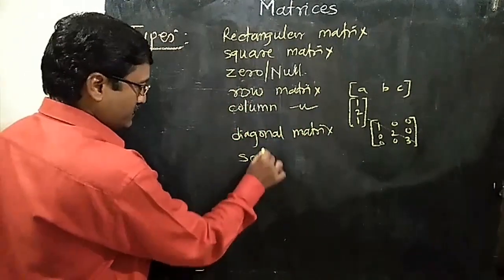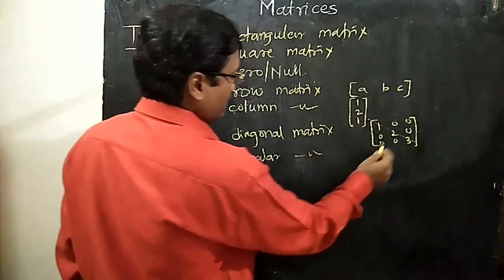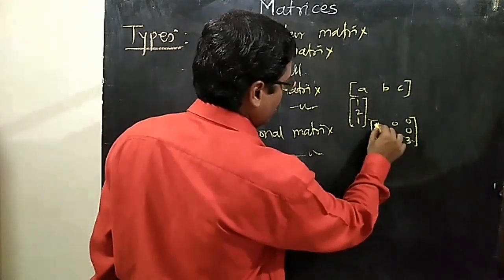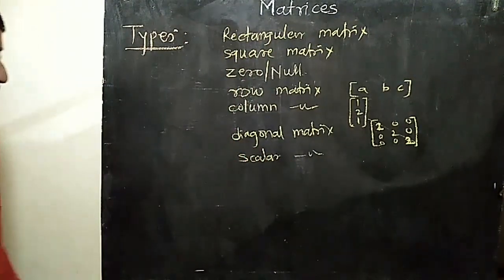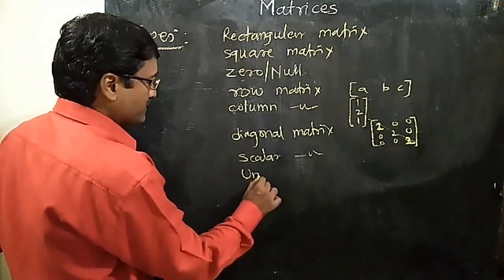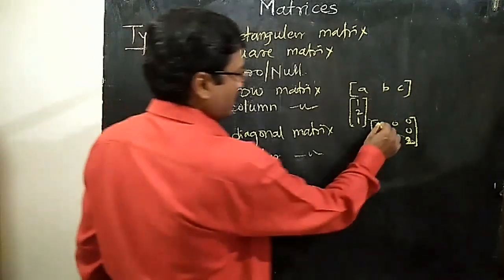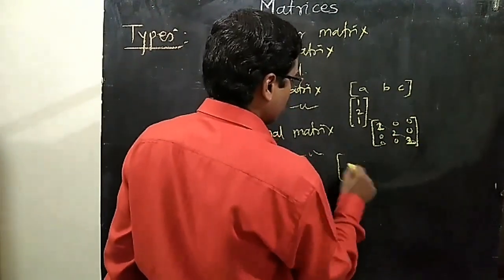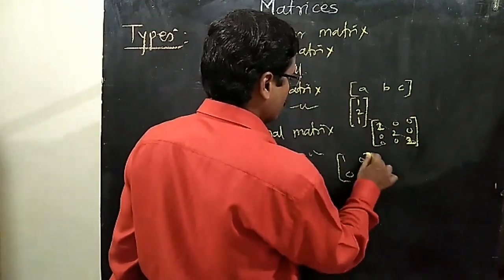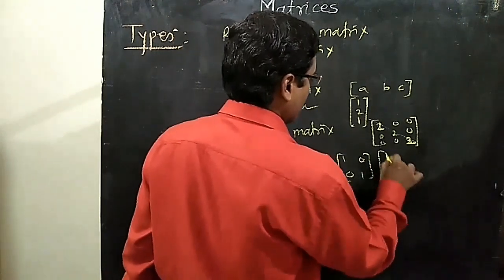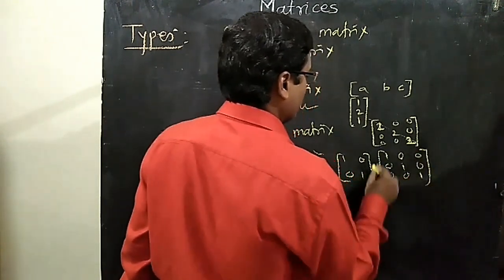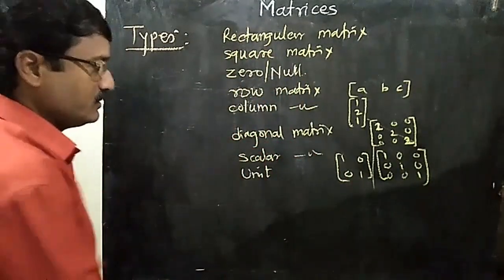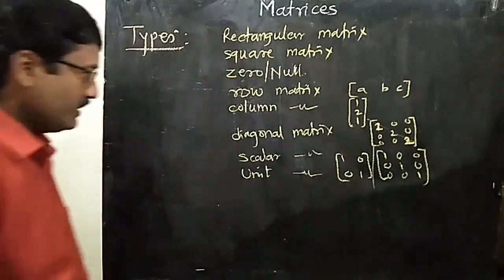Then scalar matrix in which all these diagonal elements are same, that is 2, 2, 2, then it's a scalar matrix. Then unit matrix, if all the diagonal elements are 1, that is 1, 0, 0, 0, 1, 0, 0, 0, 1, these are nothing but the unit matrices.